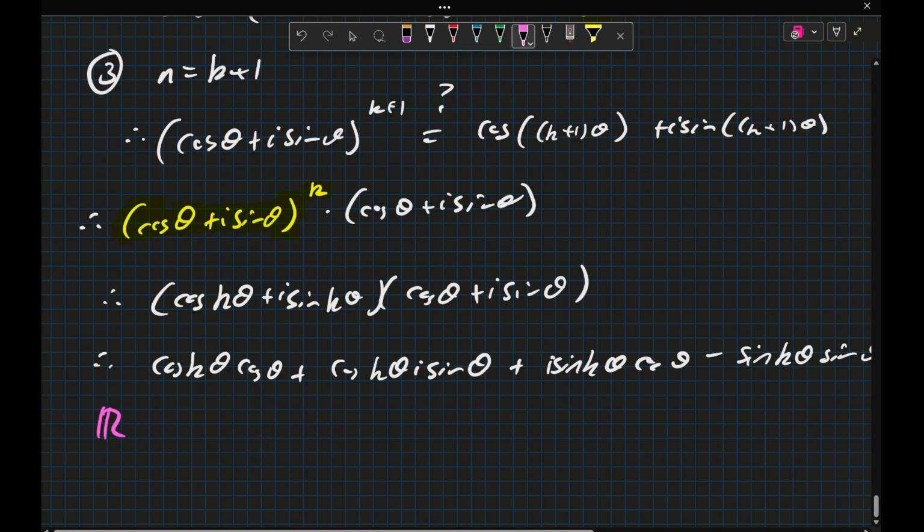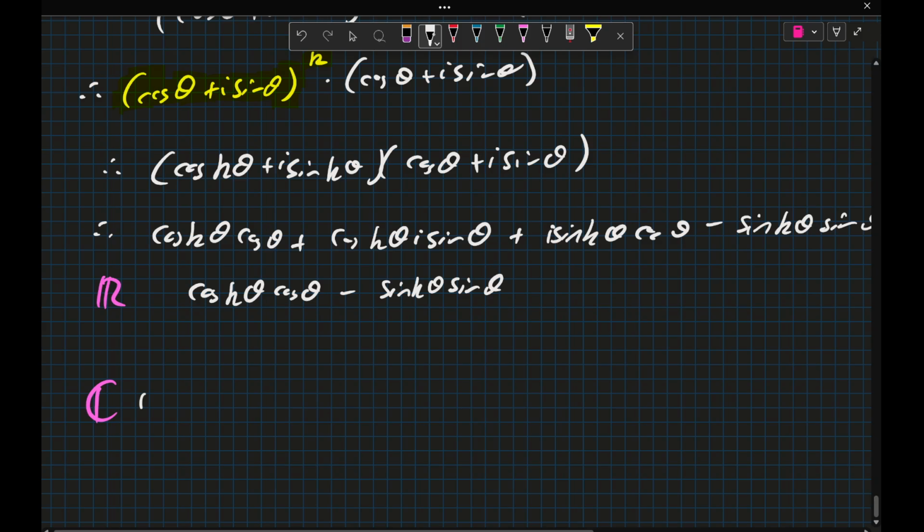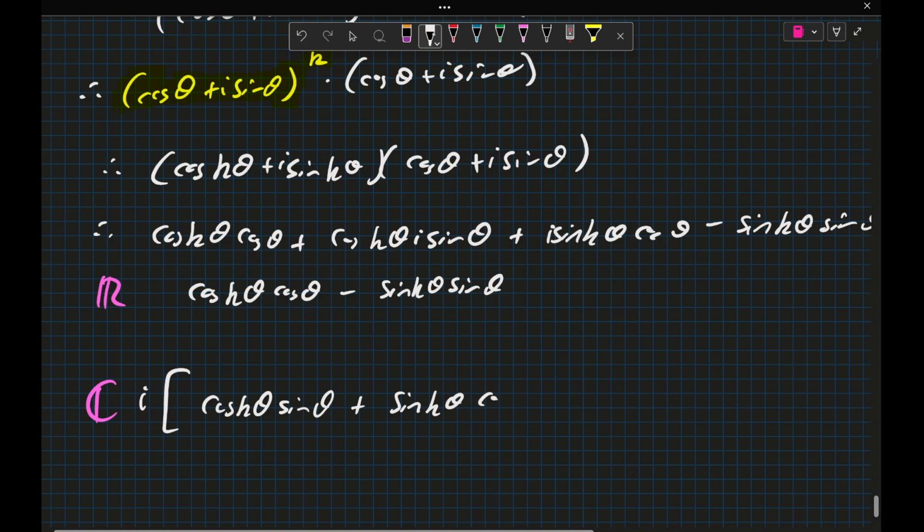So the reals are going to be cosine k theta cosine theta minus sine k theta sine theta. And the complex numbers, we're going to have i times cosine k theta sine theta plus sine k theta cosine theta.